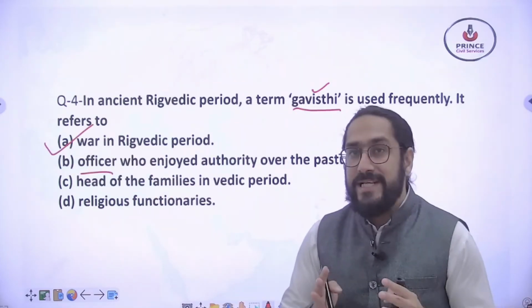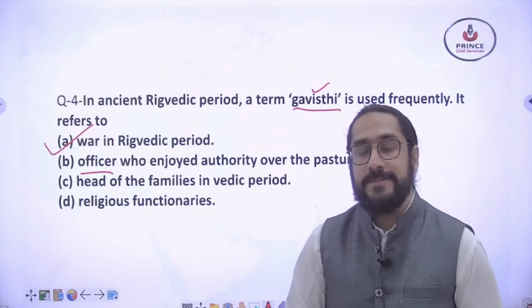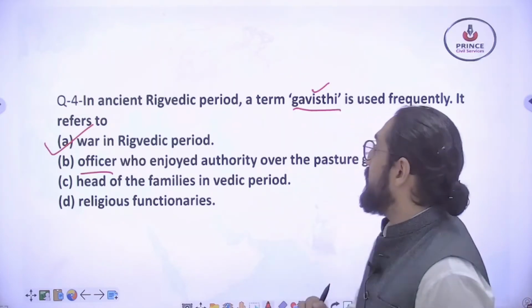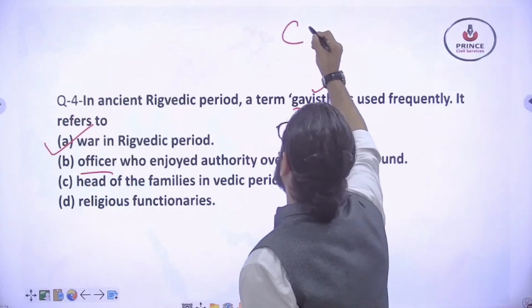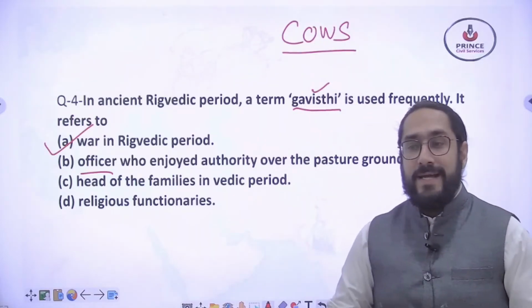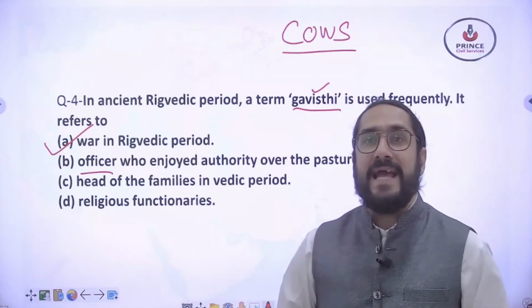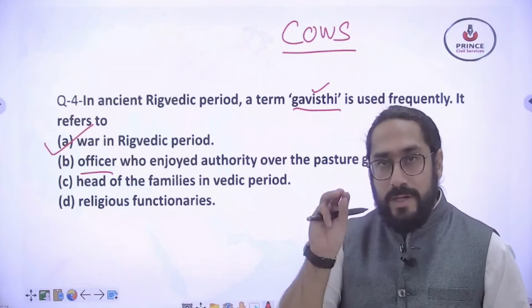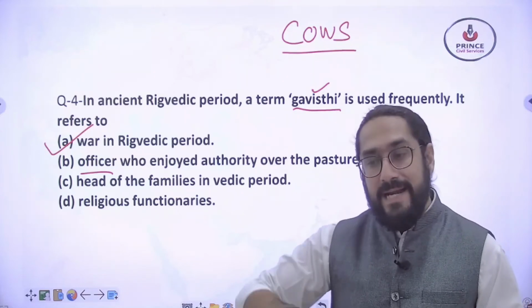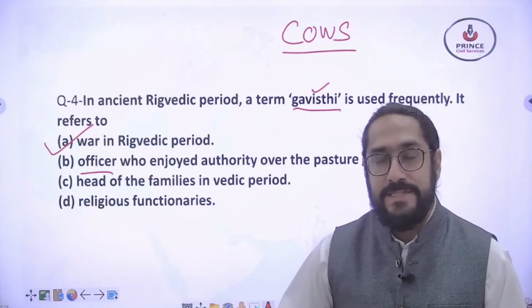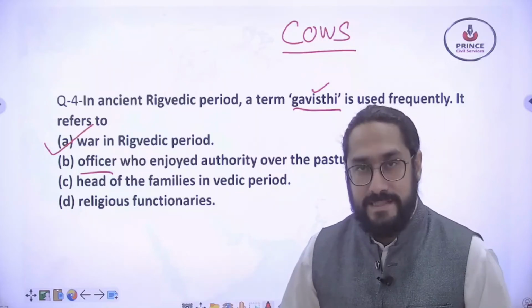So friends, let me explain this question and answer. In the Rigvedic period, the major source of wealth was cattle, in the form of cows. If a person had many cattle, he was declared a wealthy person. As a source of wealth, it was also a bone of contention, a point of conflict.